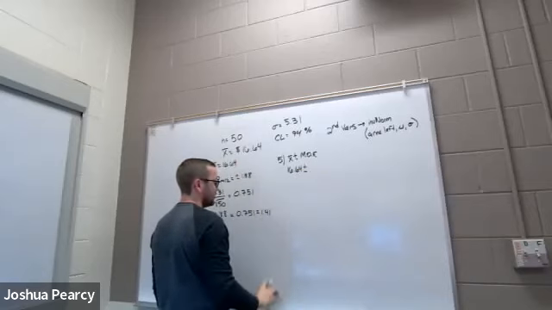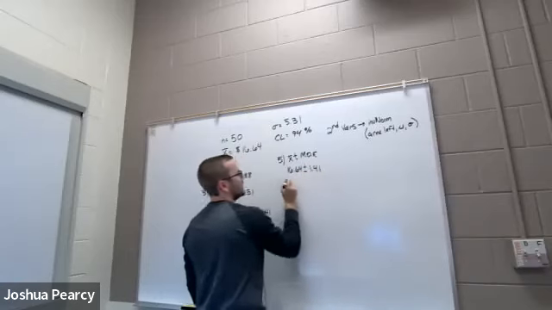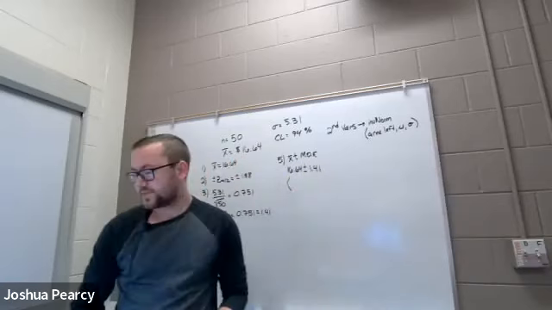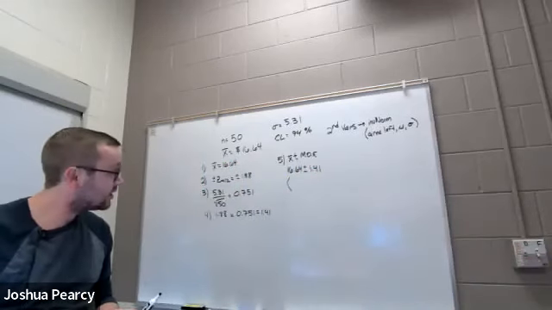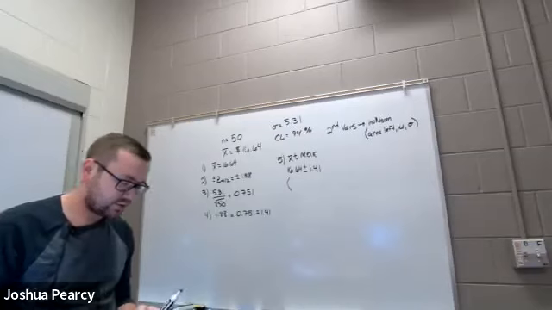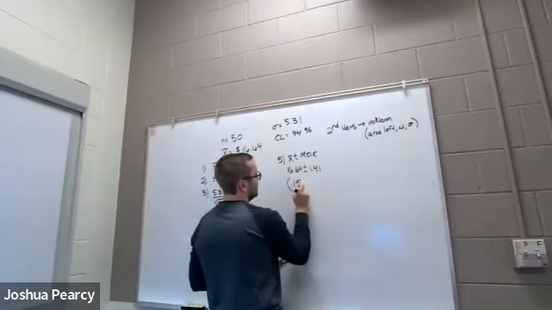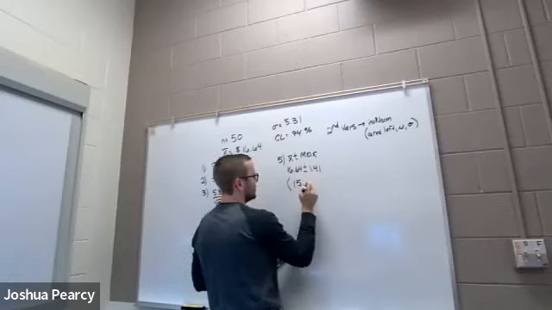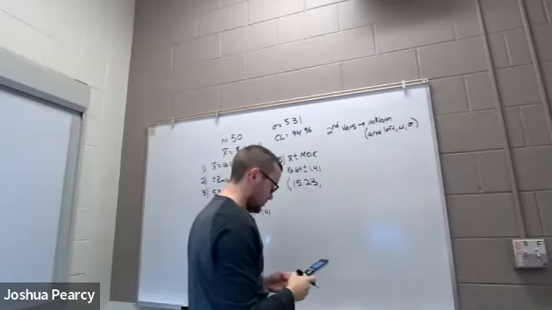So it'd be 1.41. Let's see what this interval gives us. 16.64 minus 1.41, 15.23 is the lower one. And 18.05.